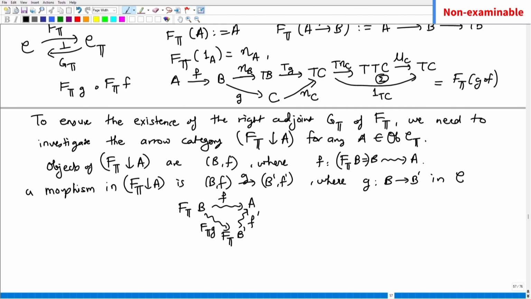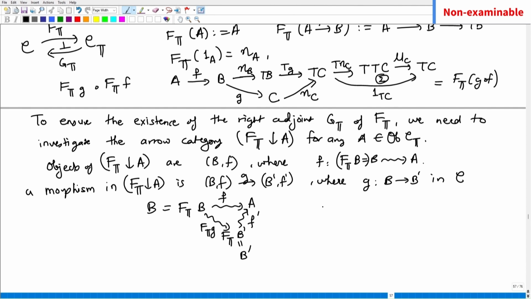Now, okay, can we simplify this diagram? Yeah, that's what we have to do. FT of B is just B, so this is B and this is B prime. What is FT of G? It is G composed with eta of B prime. Okay, so let us write that down.